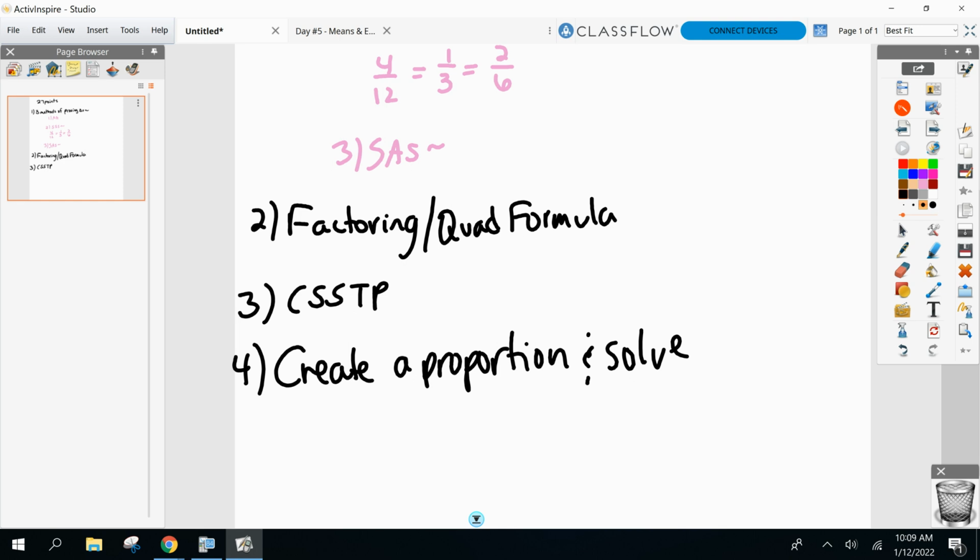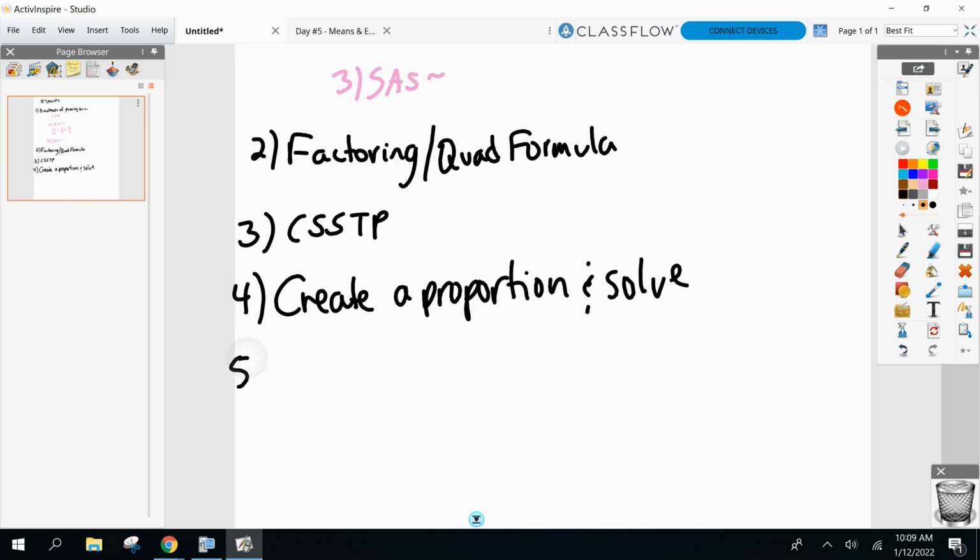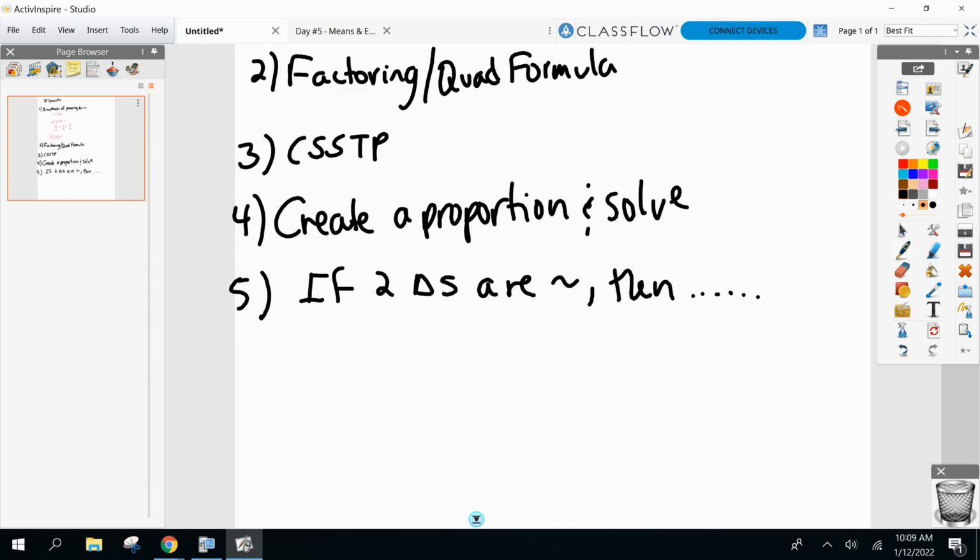And then the final thing I want to just go over is, if 2 triangles are similar, then what's true? So you know 2 triangles are similar. What's true about them? Angles are similar. No. Angles can't be similar. That's impossible. That doesn't make any sense.